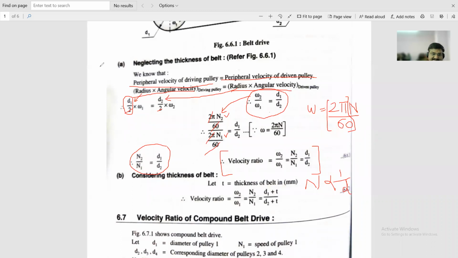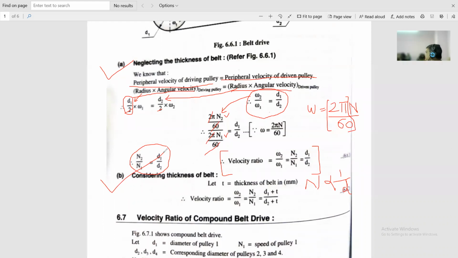Next case, after neglecting the thickness, when you will consider the thickness of the belt, in that case thickness of the belt T is in millimeter.